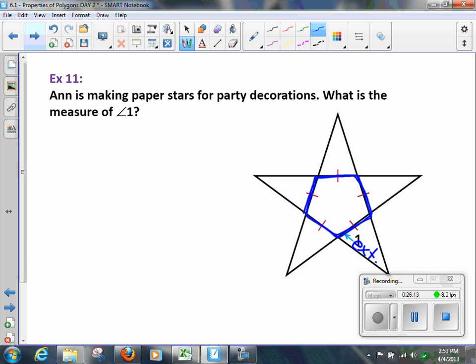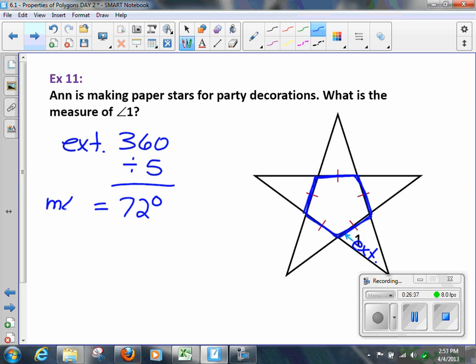Exterior should make you think of what? What are we going to do with 360? What are we going to divide it by? Because it's a pentagon and it has 5 sides. What's 360 divided by 5? Did we find what we needed? That's it.